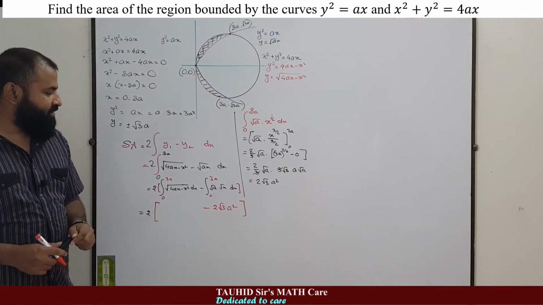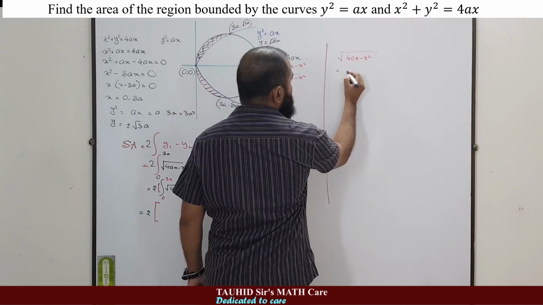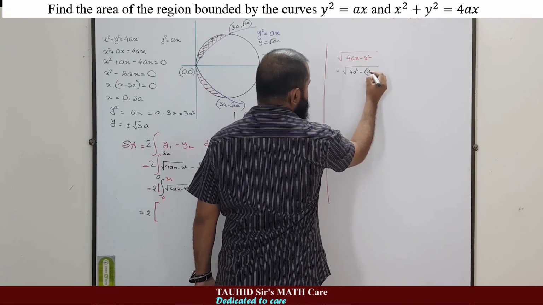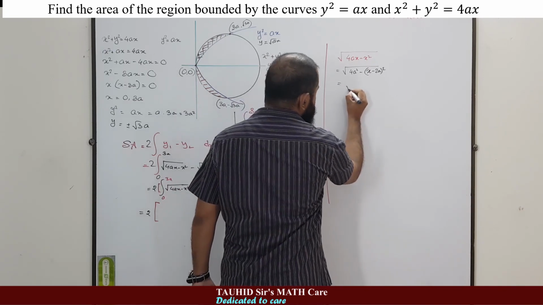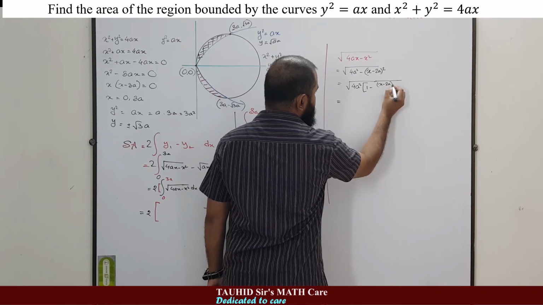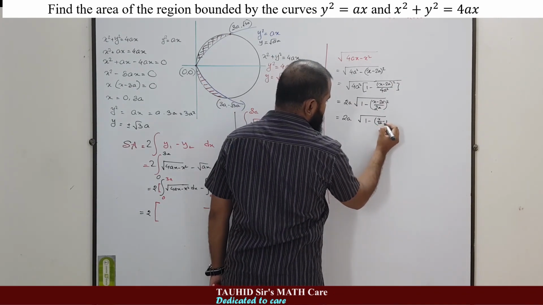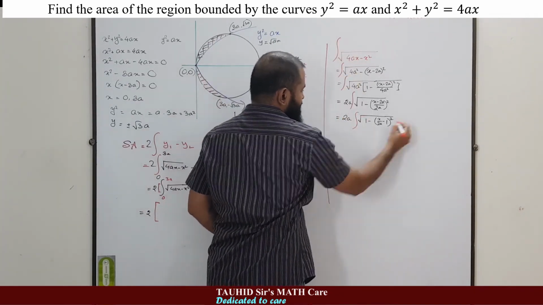Okay. Now let's start. First of all, we will simplify root over 4ax minus x square equal to root over 4a square minus (x minus 2a) whole square. I can write this equal to, if we take 4a square as common, now we will find the integration of it.